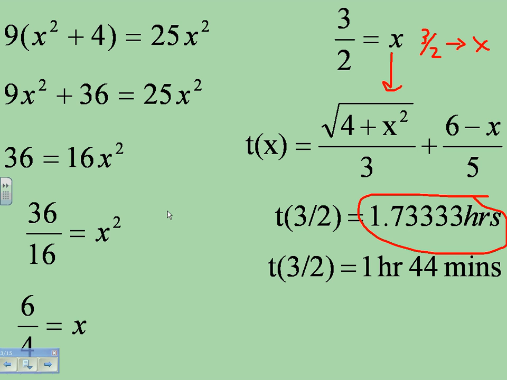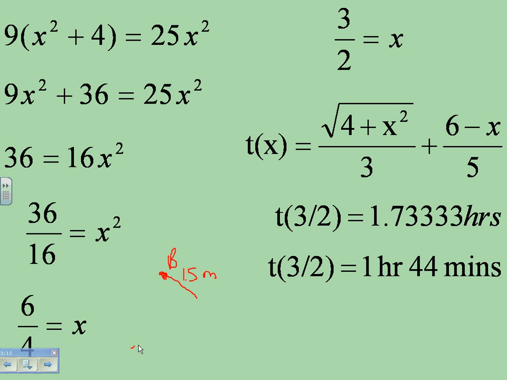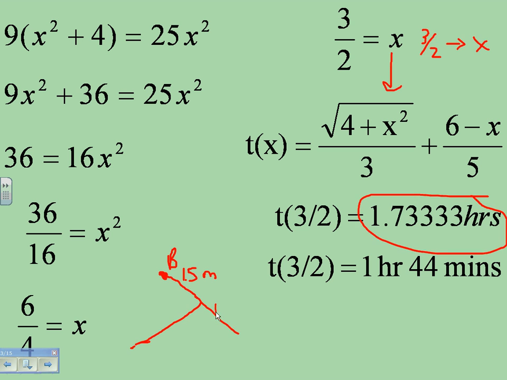That means if you were at B on the picture, you went down 1.5 miles from your boat, you rowed that far, and then you walked the other 4.5 miles. Okay? So hopefully you got this solution, figured out your algebra.